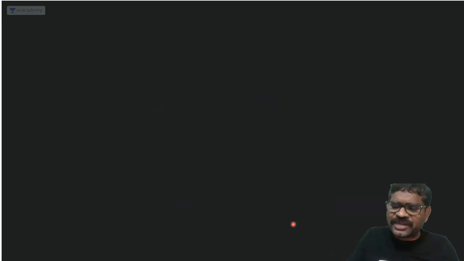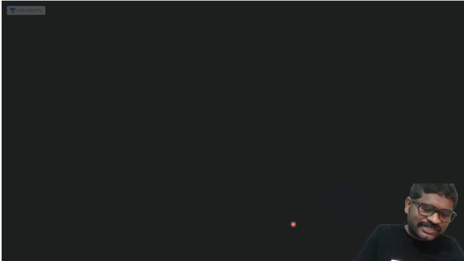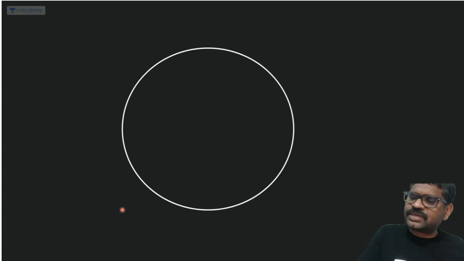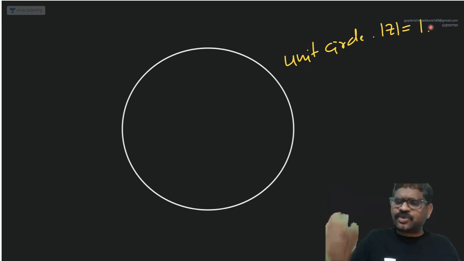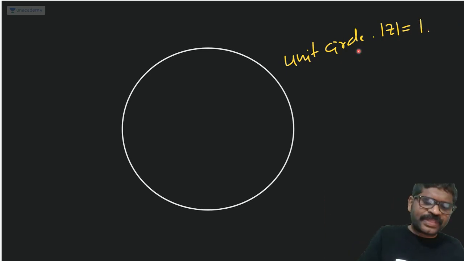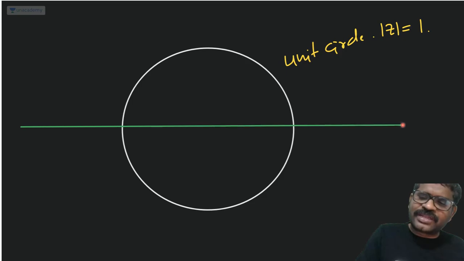Okay? Observe here. What is the circle concept? This is the unit circle. Mod z equal to 1. Now, for the real line, the x-axis, I am using one color. For the y-axis, I am using another color.